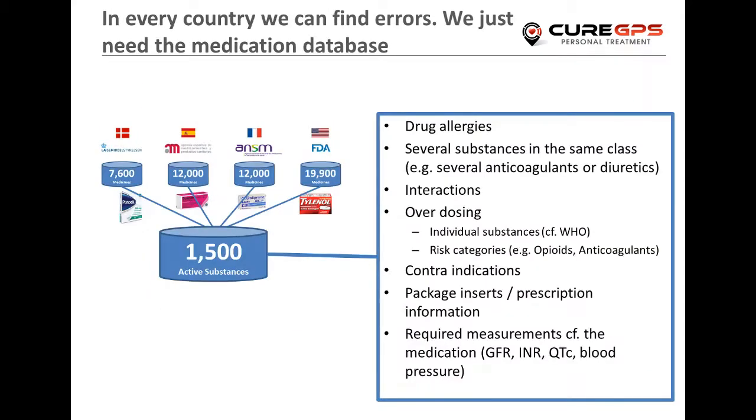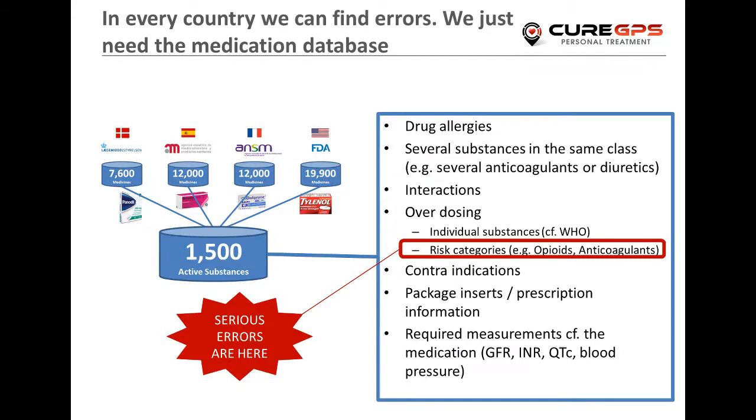And the medication intelligence constitutes a lot of things that now can be done automatically, and notably overdosing of risk categories seems to be something that we can now do automatically, and I just showed you an anticoagulant overdose situation, which is outright dangerous.